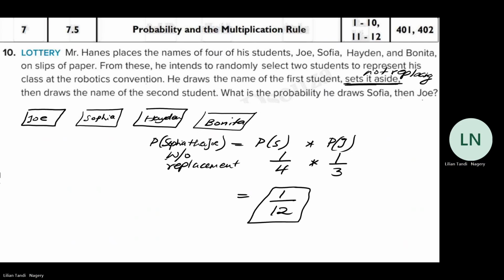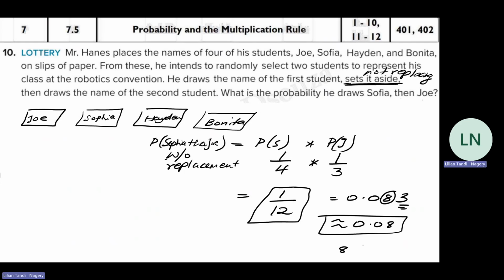You boxed it. Okay? You want to change it to decimal? 1 divided by 12. So repeating decimal. Round it to the nearest hundredth. And that should be 8%. Remember you're rounding, so make sure you write approximately.